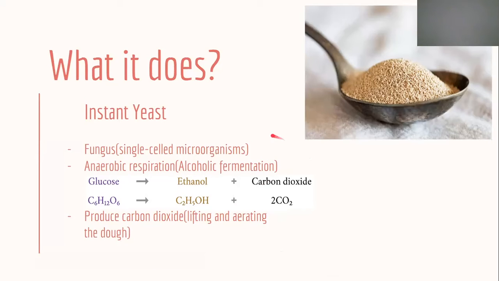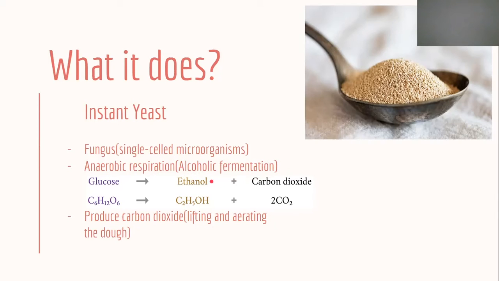And the second ingredient would be the instant yeast. Basically, it's a kind of fungus. It's a living single-cell microorganism. So they can undergo respiration, but the dough is a closed system. So under the limited oxygen supply, they would prefer to undergo anaerobic respiration, also known as alcoholic fermentation.